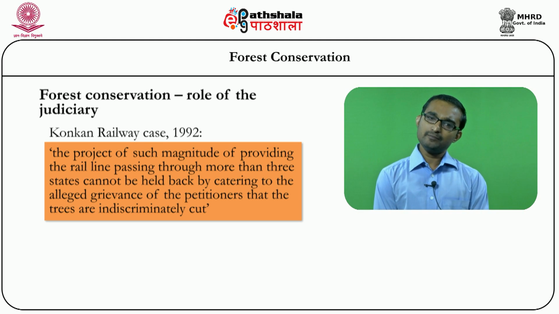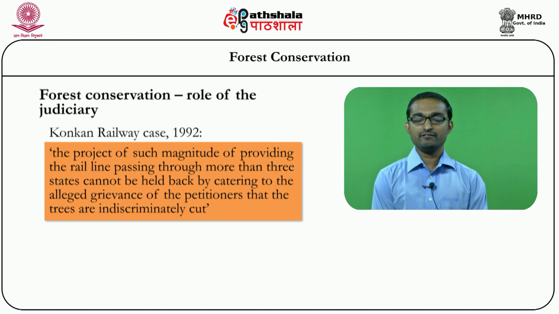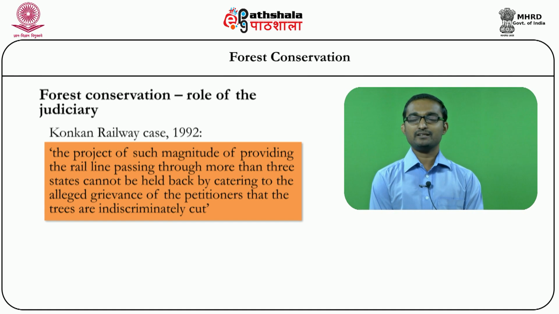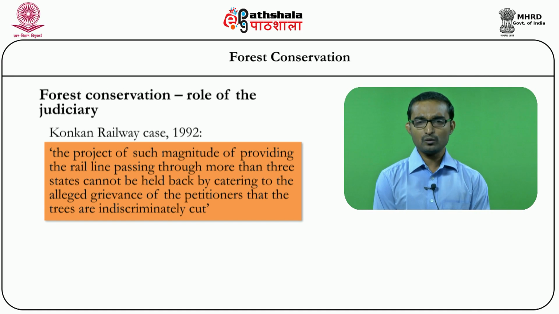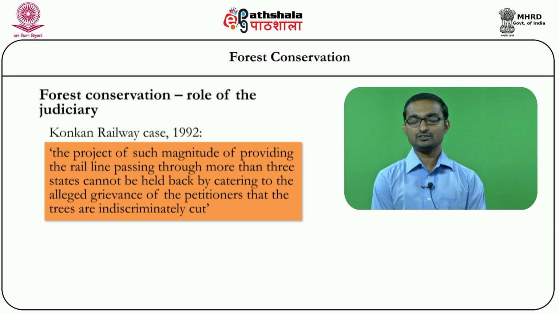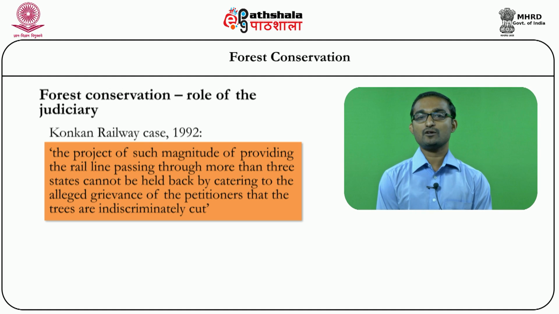And here another important point is that the court is defining what is the public interest, or what kind of projects, irrespective of whether they cause adverse implications on forest, can be permitted in the interest of the public.